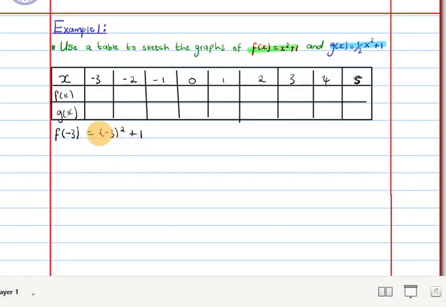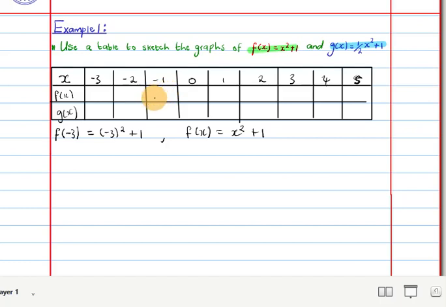Please make sure that you use the correct function, because f at x is equal to x squared plus 1. When I'm talking of f at -3, these are the values of x that I decided to use, starting from -3, -2, -1, 0.